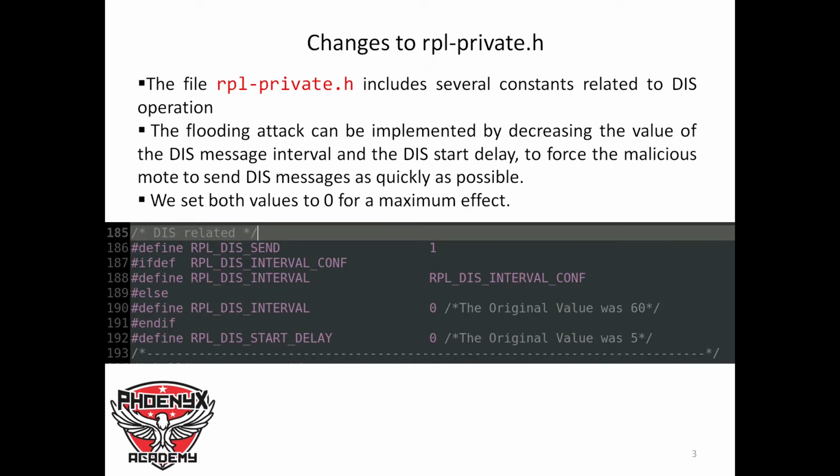We set the value of that macro to 0: #define RPL_DIS_INTERVAL, which we change to 0. The original value was 60. The other macro, RPL_DIS_START_DELAY, we also set to 0. The original value was 5. These are the changes we need to make in the rpl-private.h file.